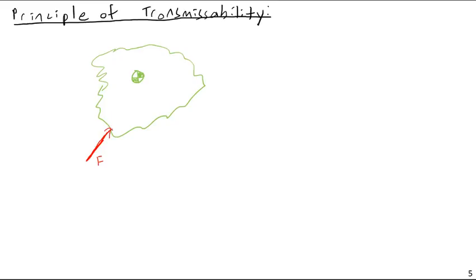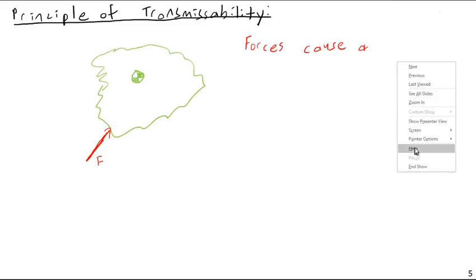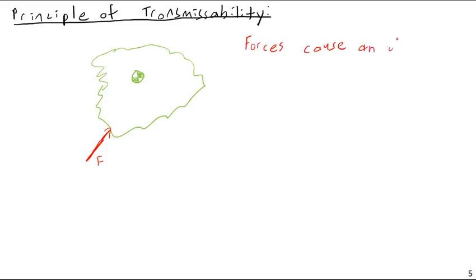So let's go back to the principle of transmissibility. We realize that a force applied to an object will cause a tendency for two things. Forces cause an object to, A, translate, which means basically the center of mass moves.